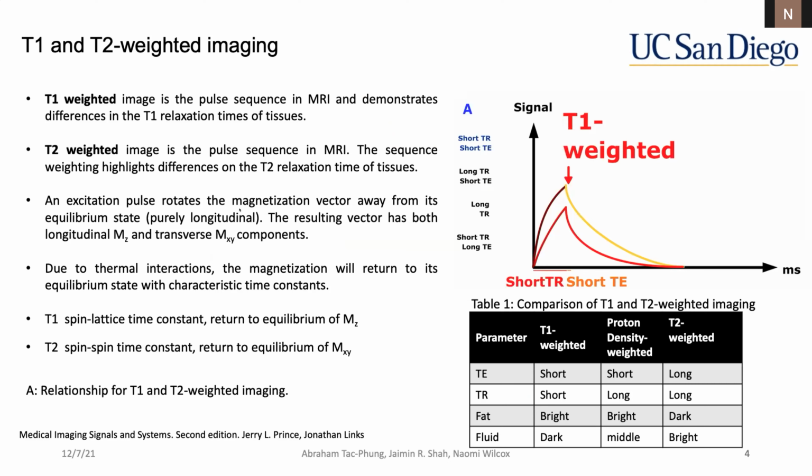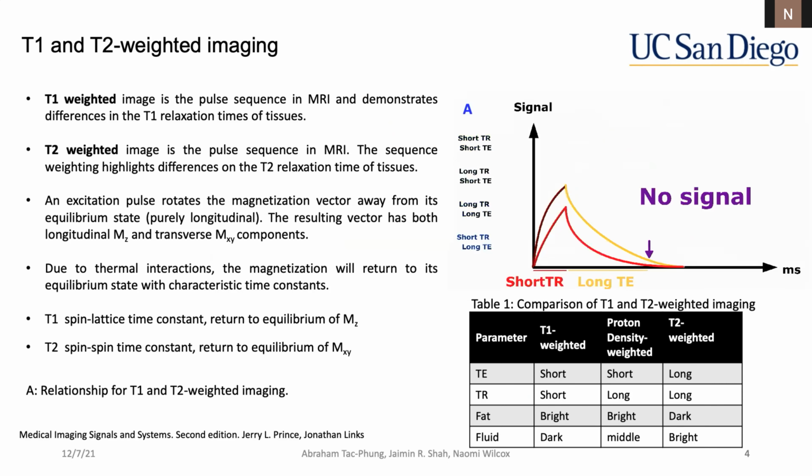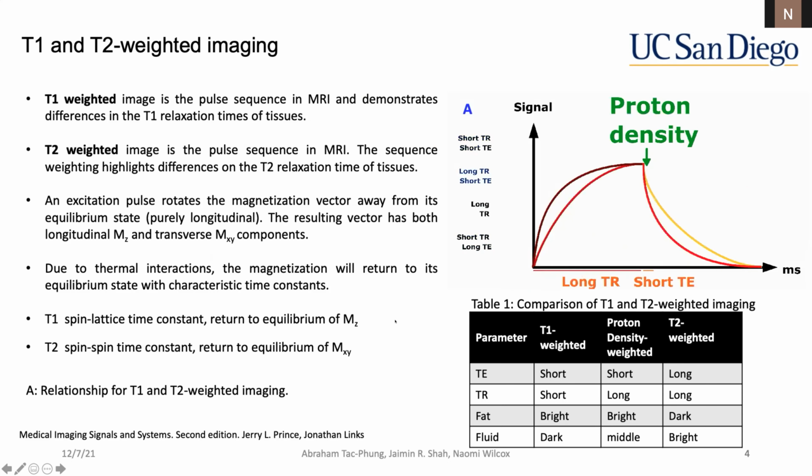All right, so these are some definitions of T1 and T2 weighted imaging, but essentially they recognize the various relaxation times for different tissues. At the third bullet, we see that an excitation pulse rotates the magnetization vector away from its equilibrium state. This results in longitudinal components, along the MZ axis, and transverse MXY components.